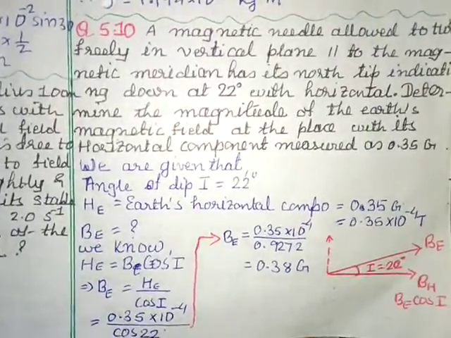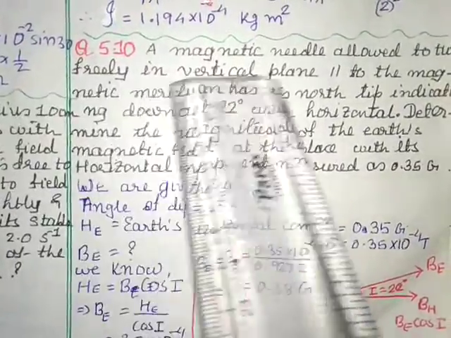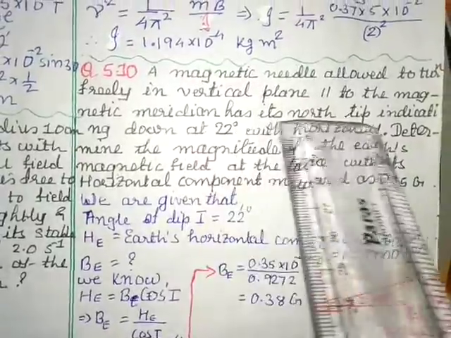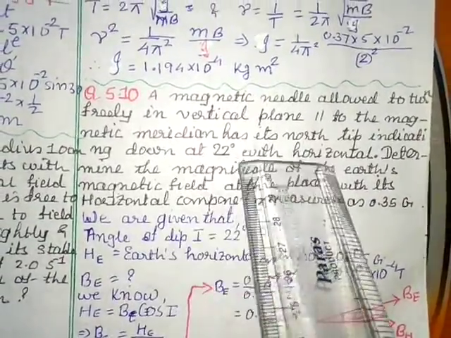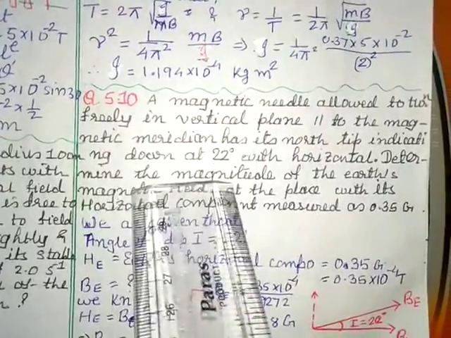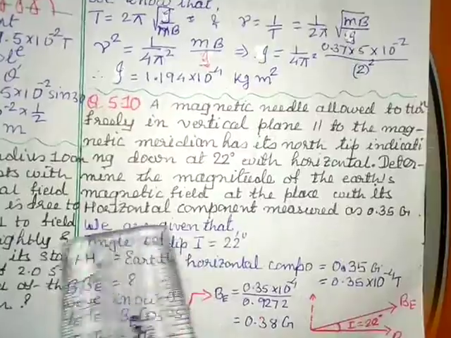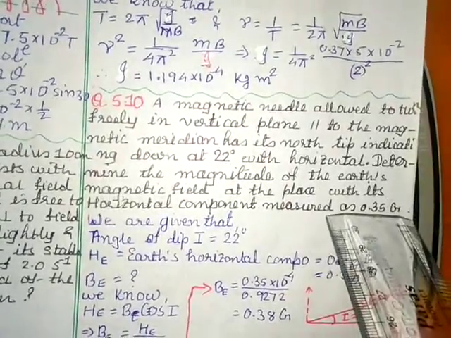Question number 5.10. A magnetic needle allowed to turn freely in a vertical plane parallel to the magnetic meridian has its north tip indicating down at 22 degrees with horizontal. Determine the magnitude of the Earth's magnetic field at the place with its horizontal component measured as 0.35 Gauss.